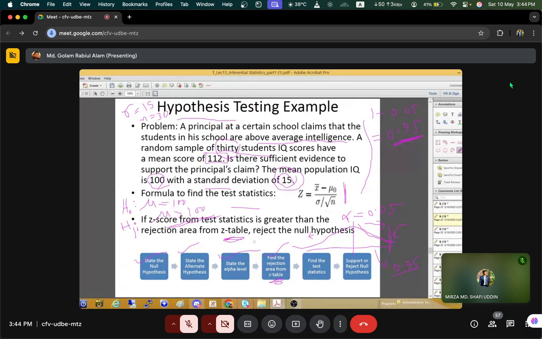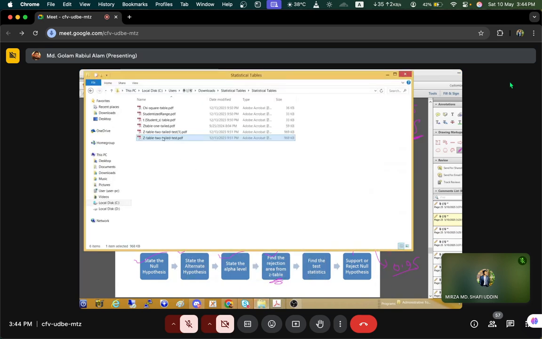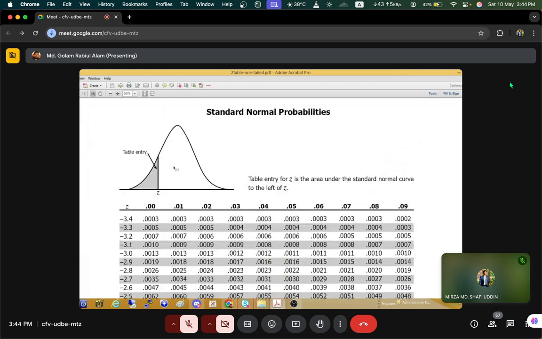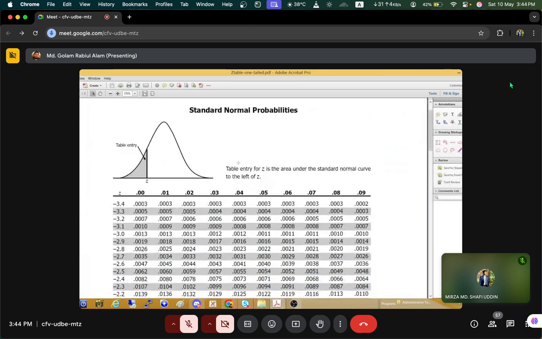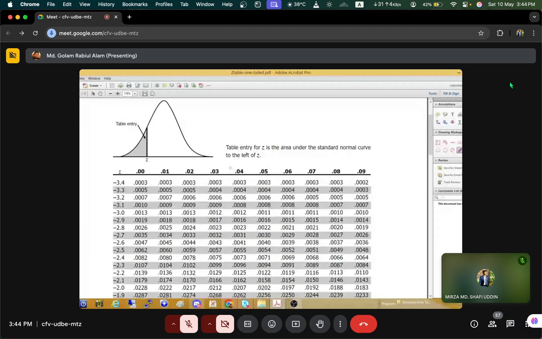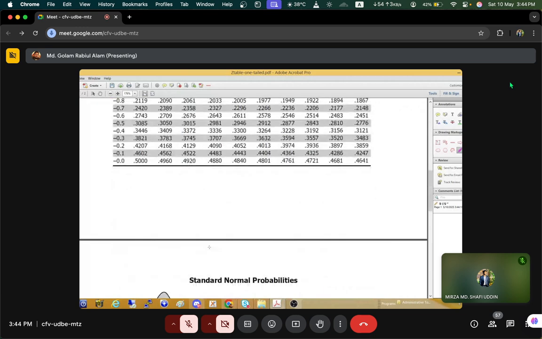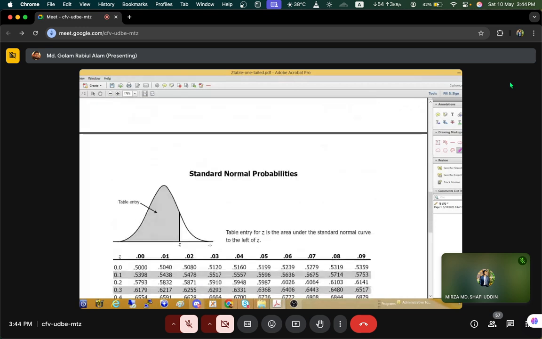So from the Z table, this time we use the one-tail Z table. In which tail? Is it the left side or the right side? You can see these are the statistics for the left side, the table entry. This is the left side, but we have greater than, so we have to think about the right side.